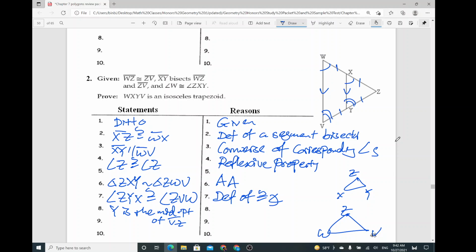Okay. So we can say that segment ZY is congruent to segment VY. Definition of a midpoint.